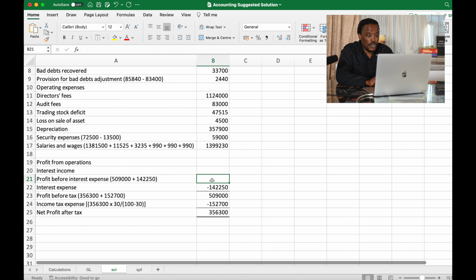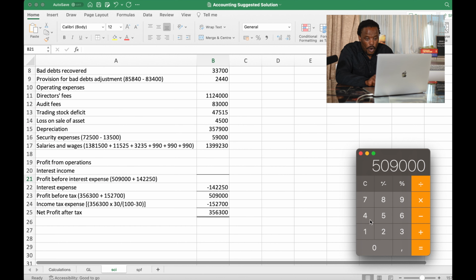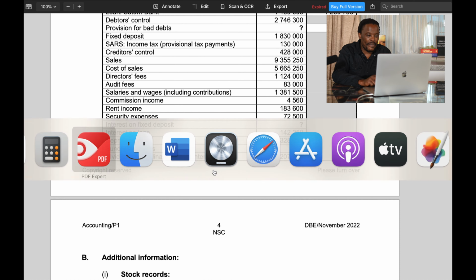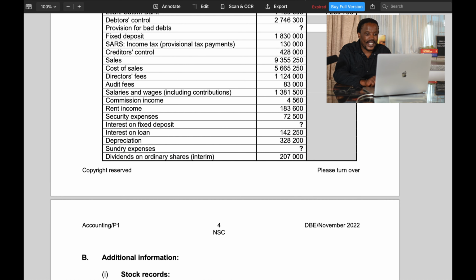It gives us so much so that when this minus this is going to be equal to that, 509,000 plus 142,250, and it's 651,250. And so this minus this is equal to that. So you work backward.